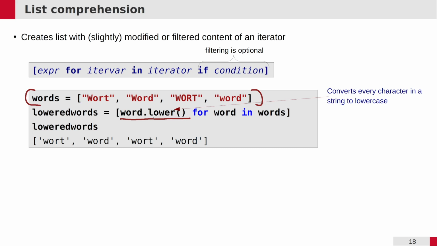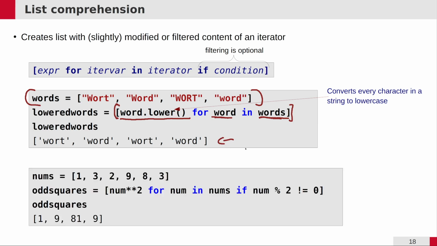And what should this variable word be? This variable word should run over all the items of the list words. So I'm saying for word in words. Let the variable word run over all items of words, and then when you have word, just convert it to lowercase. And the results should be enclosed in a list, therefore the square brackets here, right? And then as you can see here, you get exactly that list.